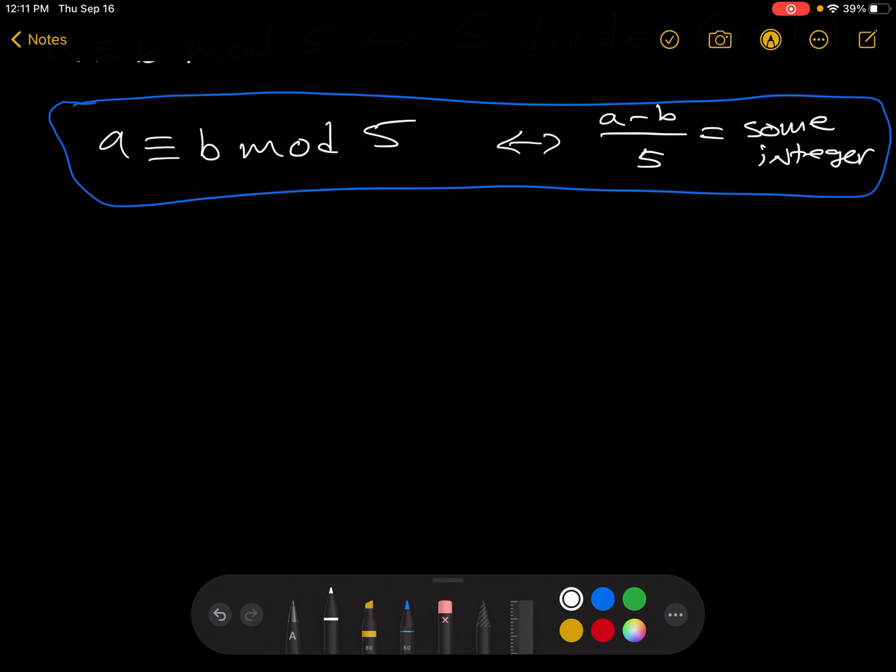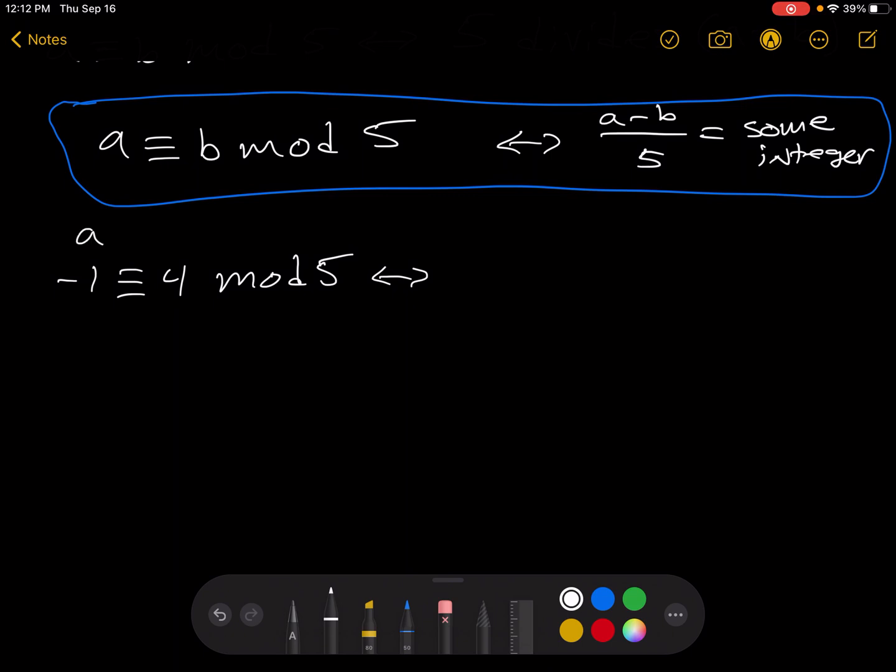All right, so I want to show you some somewhat interesting things. Negative 1 is congruent to 4 mod 5. Let's just check to make sure it's true, and we'll use the thing in blue to help us. A is congruent to B mod 5 is the same as saying that A minus B over 5 is equal to some integer.